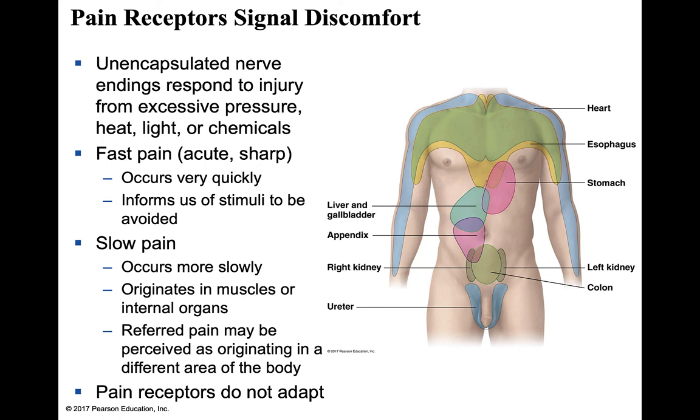If we look at the area of sensation that someone might feel when they're experiencing a heart attack, you'll hear about radiating pain down the left arm, up into the neck, up into the jaw. So it's not pain at the chest where the heart is, it's referred pain based on the receptors in that particular area. Now, another thing that's important when we talk about pain receptors, they do not adapt at all. And once again, that's important because they overall are protective in nature.